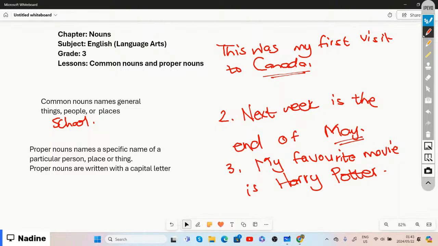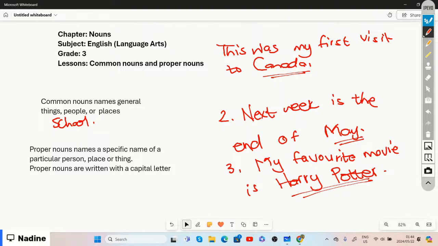And remember, we also write it with the capital letter, right? So Harry Potter is my favorite movie, which means that Harry Potter is a proper noun, right? Exactly. Harry Potter is a title and a name of a movie.